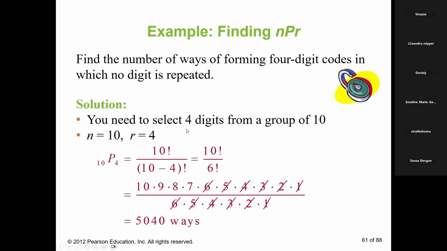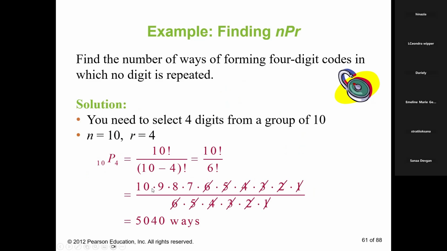So you need to select 4 digits from a group of 10 because you got 10 digits. Anytime you talk about digits, you're talking about 0 through 9. So n is 10, r is 4. So that's 10 factorial over 10 minus 4, that's 6 factorial. Watch.